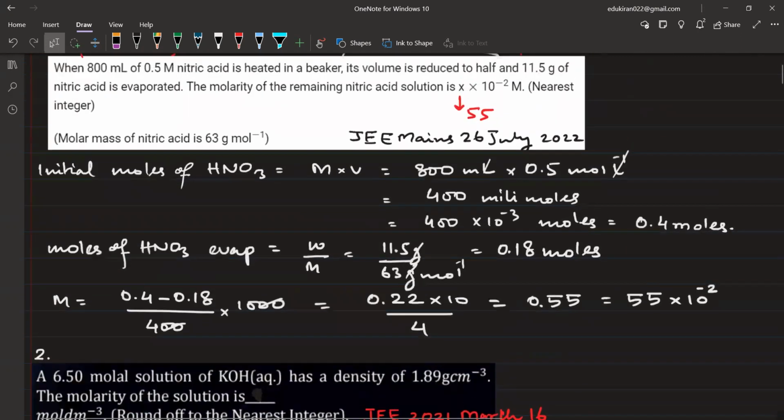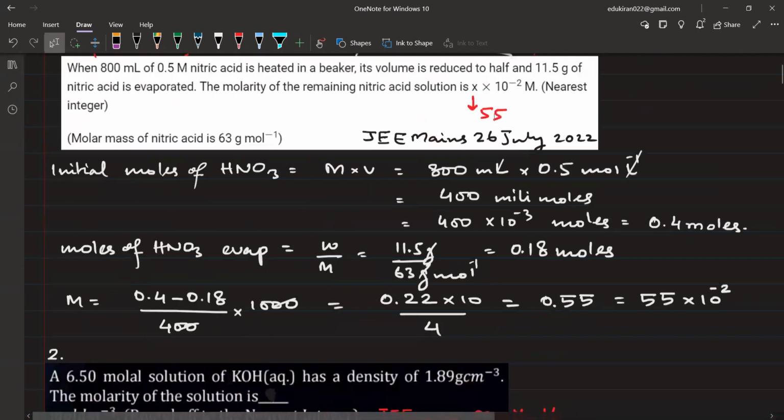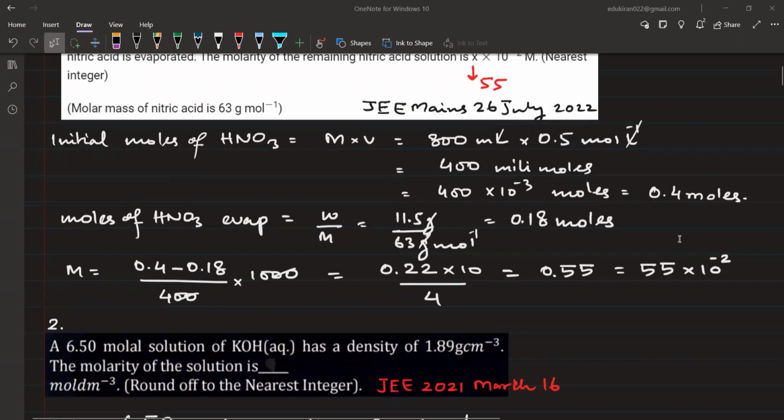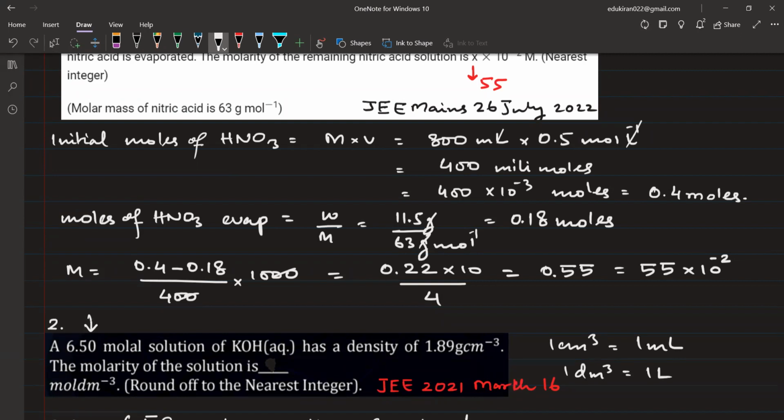Now one more question. A 6.50 molar solution of KOH aqueous has a density of 1.89 grams per centimeter cube. 1 centimeter cube is equal to 1 ml, okay? And 1 dm cube is equal to 1 liter. You have the molality, you have the density. You have to calculate the molarity of the solution.